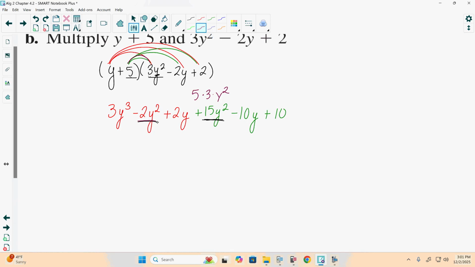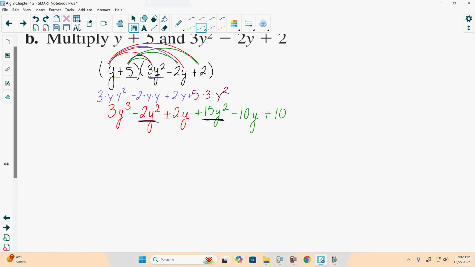So here, this one, we're doing y times negative 2y. So we have negative 2 times our y times our y. Does that make sense? Yeah, because here, y times 3y squared, we have the 3 times y squared. Now, I am rewriting it a little bit.